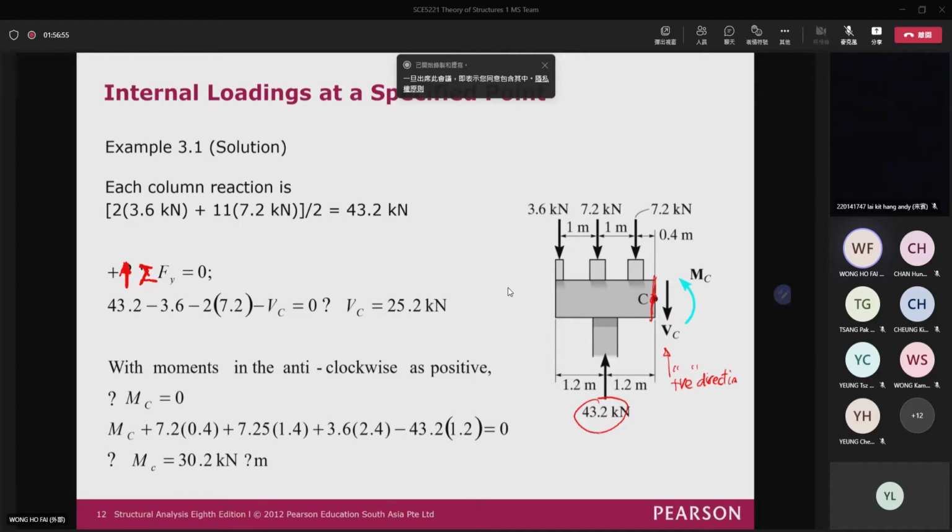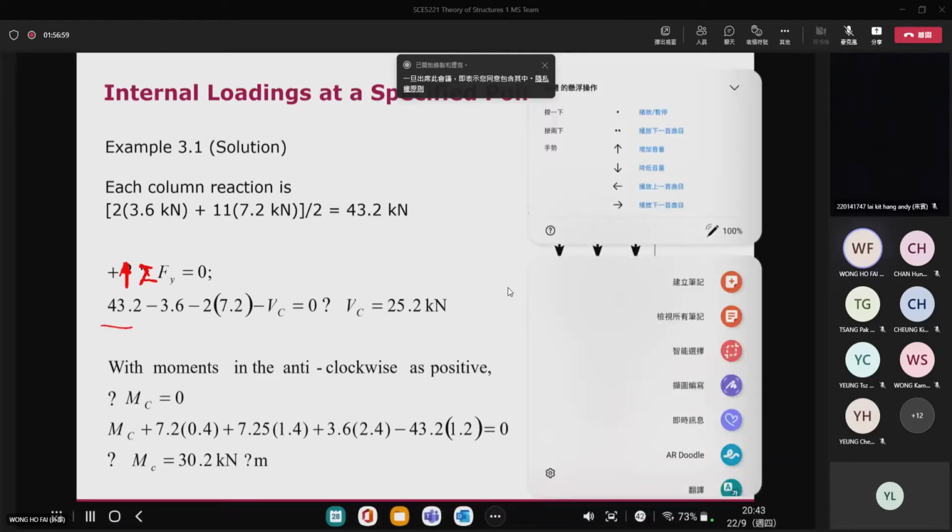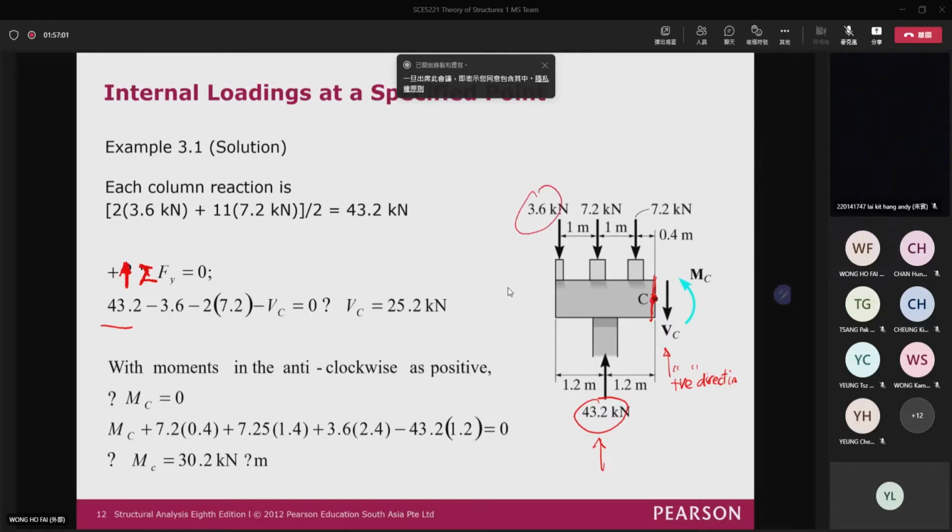So you have 43.2 kN going upward, and then you have 3.6 and 7.2 going downward, and don't forget this VC. From here, we can find VC is equal to 25.2 kN. The answer is positive, which means the assumed direction is correct.